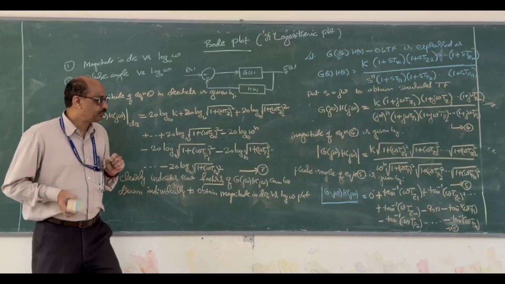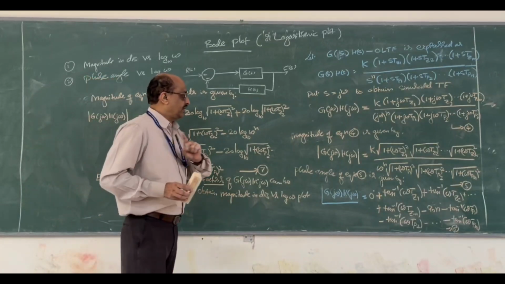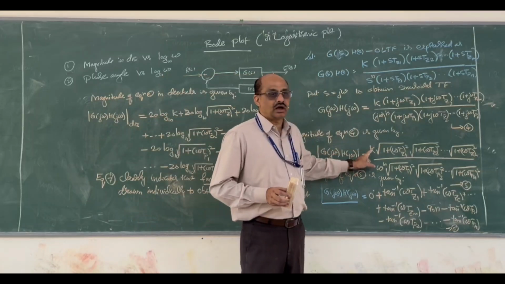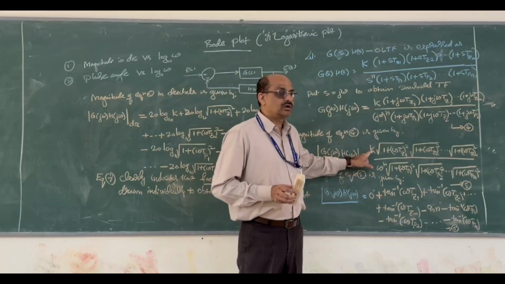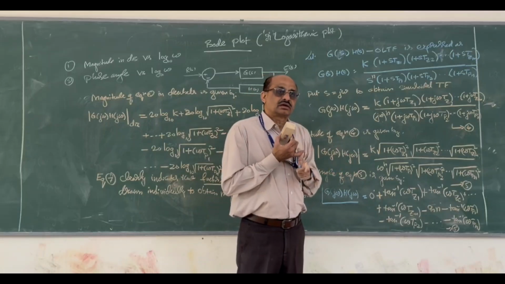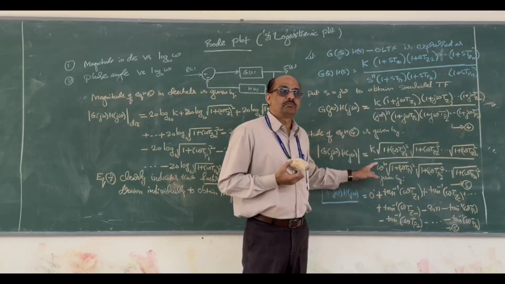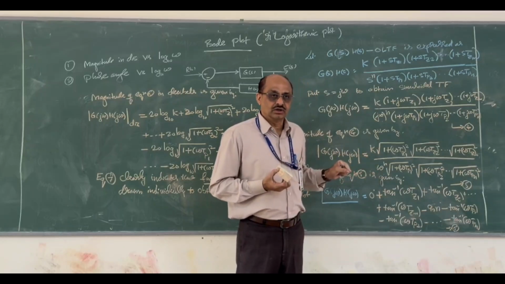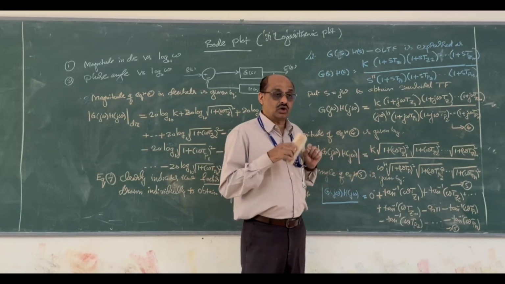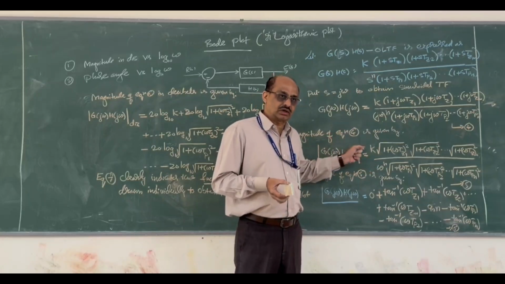So this is possible. Now the question is, what are the factors? The possibility of a constant is there: a gain or constant. Second, a pole or zero at origin.